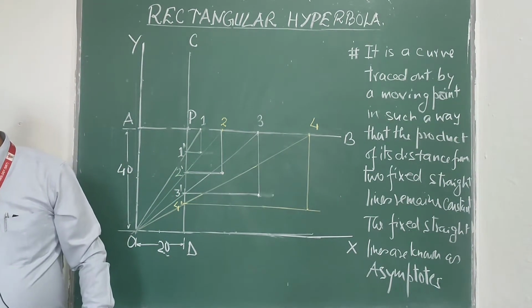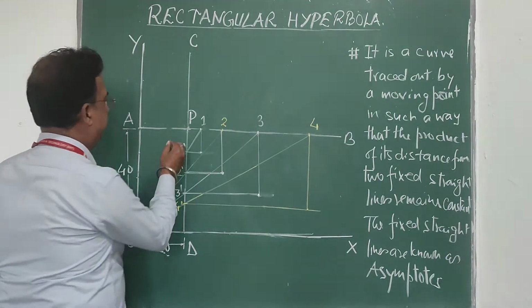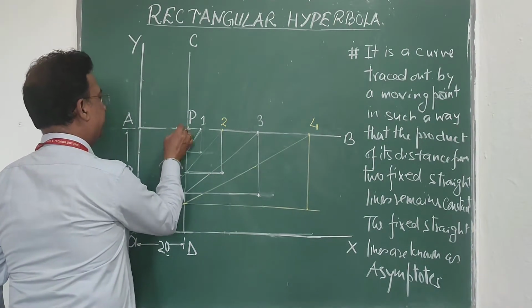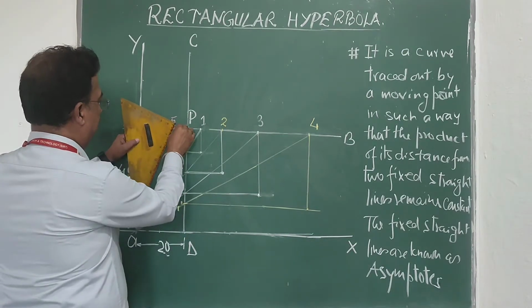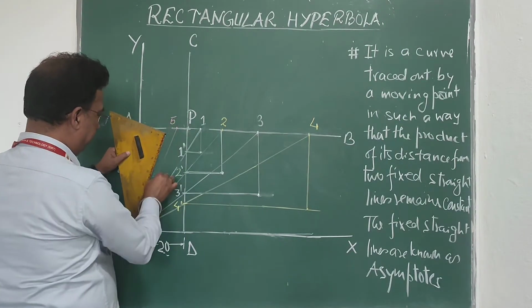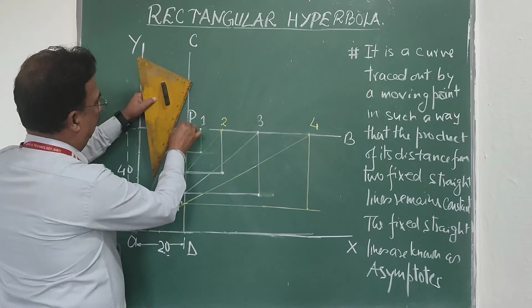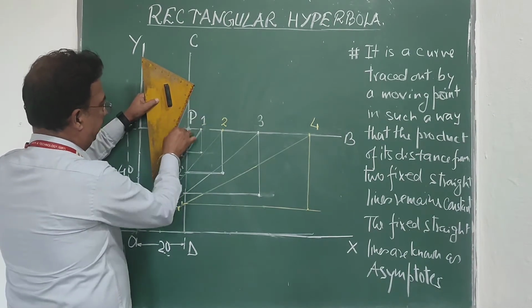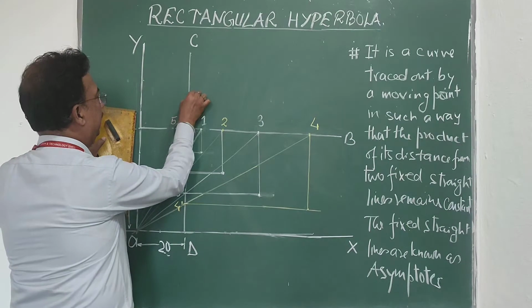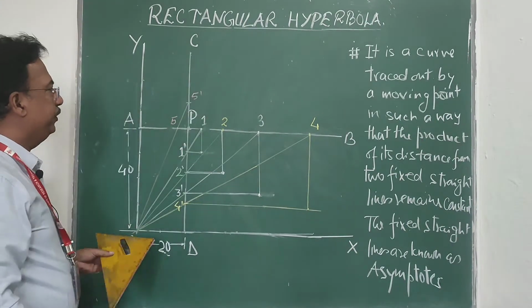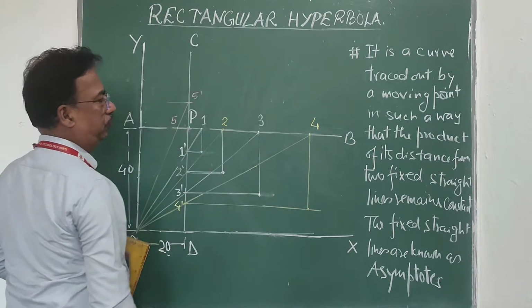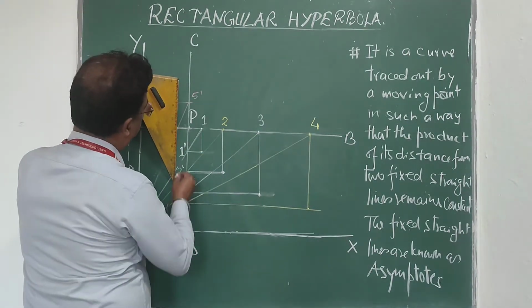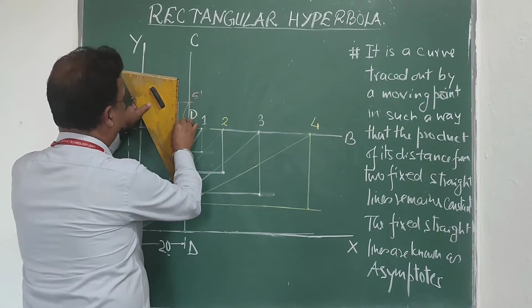take in the opposite side of this point P, and suppose I will mark another point. Suppose that point will be small 5. Now join this 5 with O and extend this upside, so it will cut the upper line, suppose at point 5 dash. Now from this 5 dash draw a line parallel to OX, and from this 5 draw a line parallel to OY.